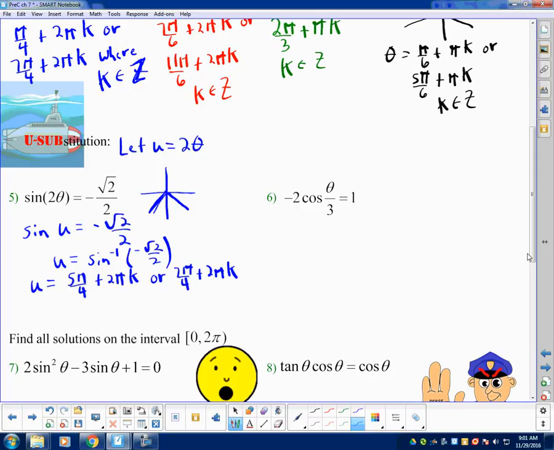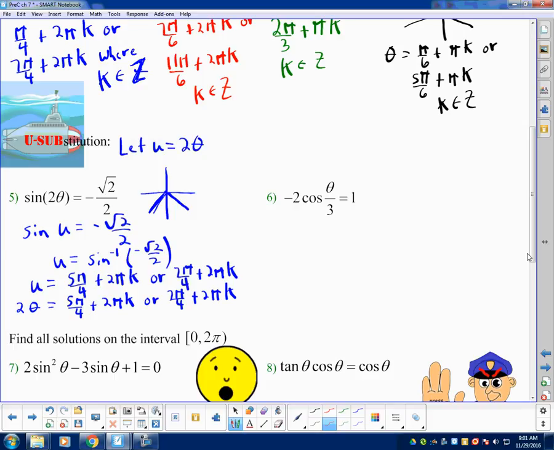What is u actually in this problem representing? 2 theta. So what this says is 2 theta actually equals 5 pi over 4 plus 2 pi k, or 7 pi over 4 plus 2 pi k. So what I'm going to do next is solve for theta. What do I need to do to solve for theta?